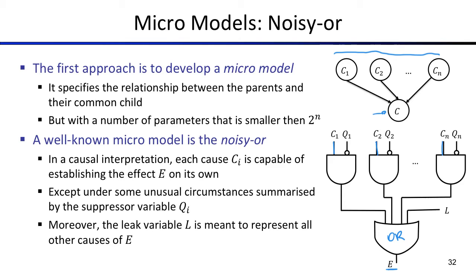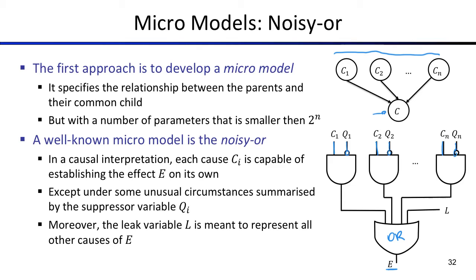Under some unusual circumstances, there is one suppressor variable, Pi, that is going to eliminate the effect of each of the causes. So we have one variable here, key1, key2, associated to each of the possible causes, and if this variable is activated, you're going to suppress the cause and not allow it to activate the effect.